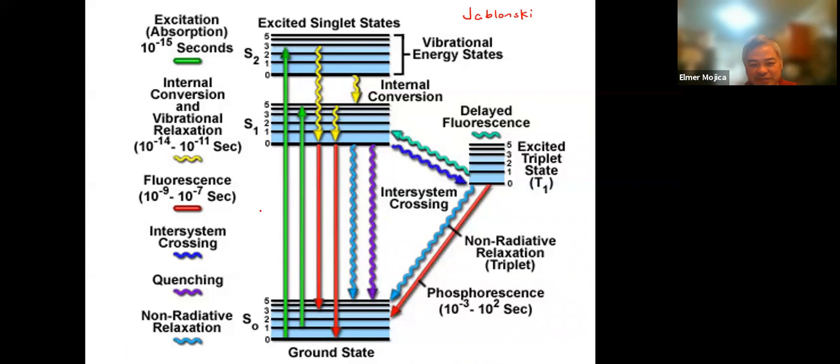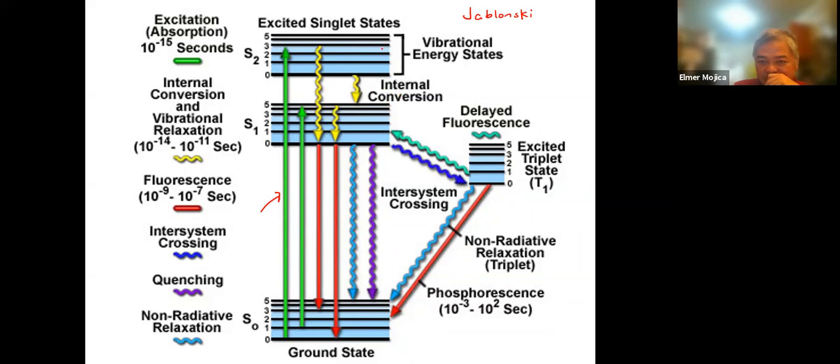So you have here the absorption or excitation. It's around 10 to the negative 15 seconds. Okay. And then what happened? You can have this internal conversion, or vibrational relaxation. So ano yung difference kapag between what we call states, yun yung internal conversion.